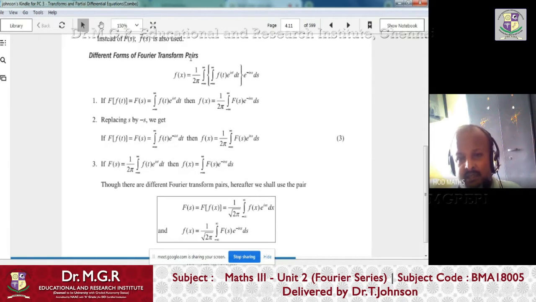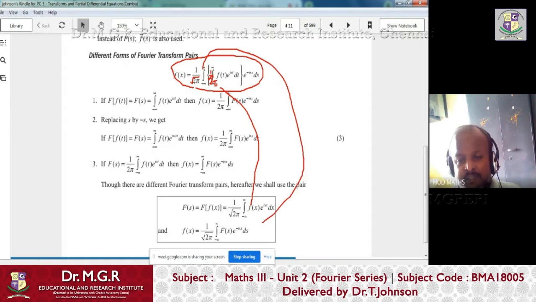You can see there are two integrals, right? From this only you get the definition. Here 1 by 2 pi is there. Sometimes some authors split this 1 by 2 pi as 1 by root 2 pi here and another 1 by root 2 pi there, right? So the inner integral is nothing but the definition of Fourier transform, and the outer integral is nothing but the definition of inverse Fourier transform.